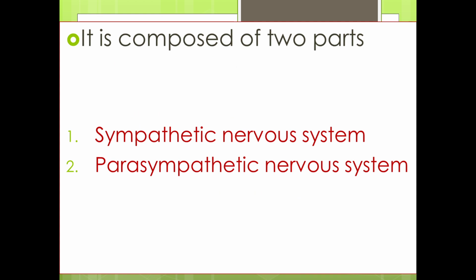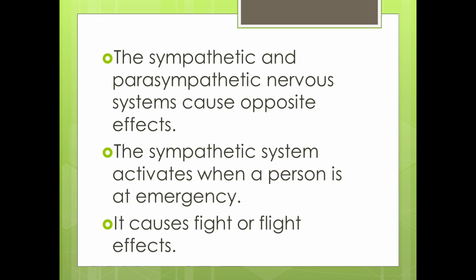Your autonomic nervous system is composed of two parts. One is the sympathetic nervous system and the other one is the parasympathetic nervous system. These two parts of the autonomic nervous system perform opposite actions to each other.